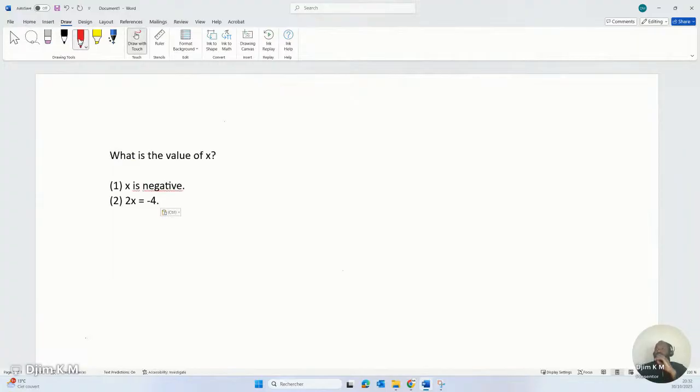So what is the value of x? X is negative, so this is sufficient. We need the exact value of x, and this would say x would be equal to minus 4 divided by 2.